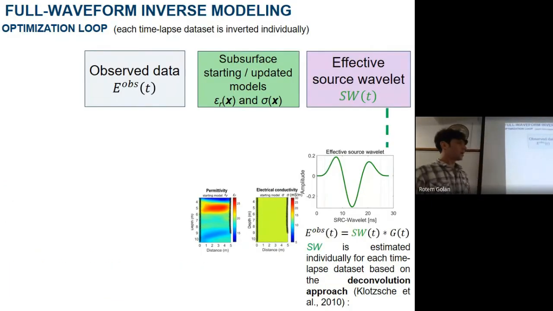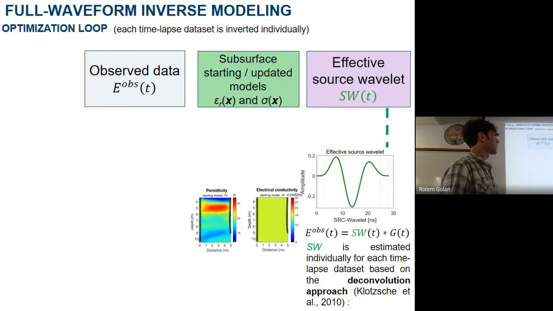So just a general overview on geophysical inverse modeling, and specifically full waveform inversion. We have the data that we measure, the electric field. What we also need to begin the inversion is the subsurface starting models.